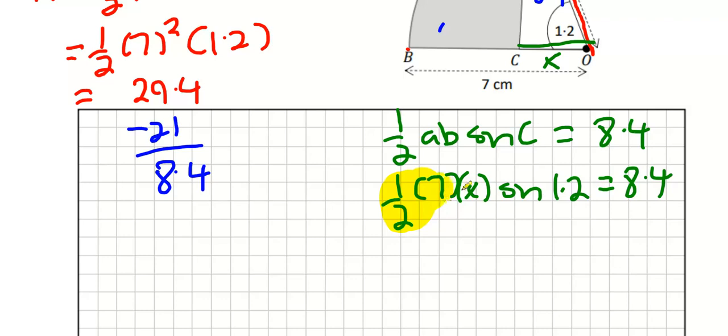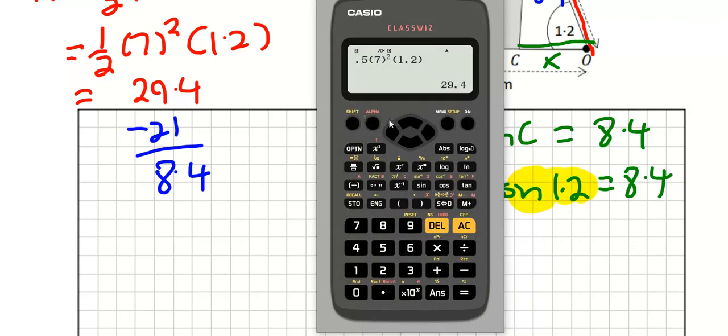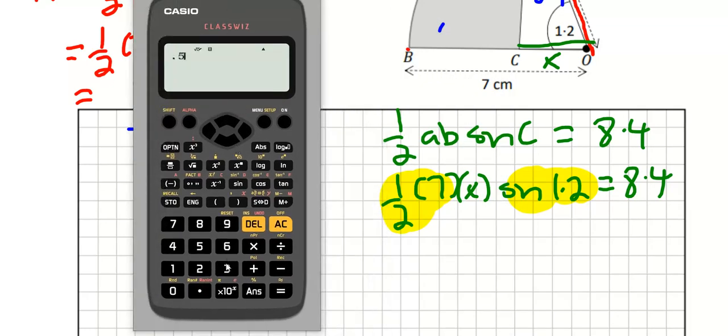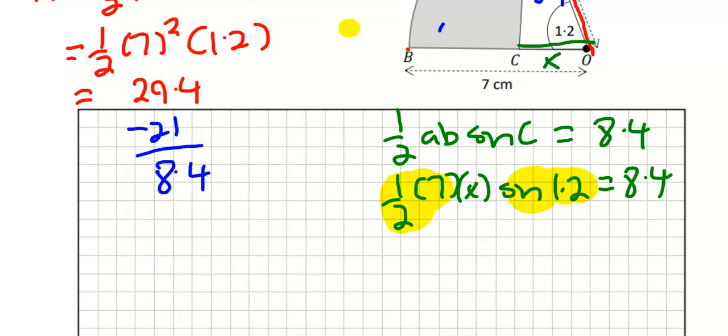I'm going to enter in a half of 7 sine 1.2. You're going to shift setup, go to angle unit, go to radian. I'm going to go 0.5 times 7 times sine 1.2, and I'm going to get 3.2621.